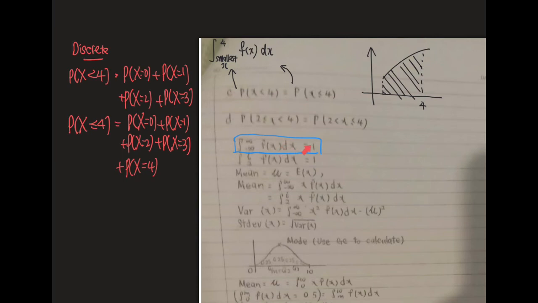So what is negative infinity and infinity? Negative infinity here means the smallest x value given by the question. Positive infinity means the greatest x value given by the question.